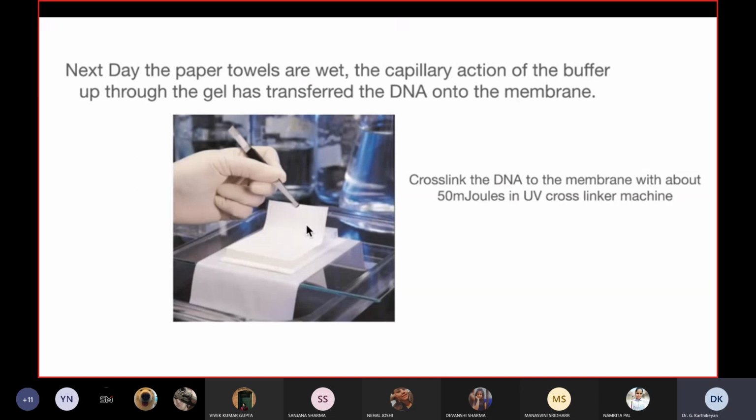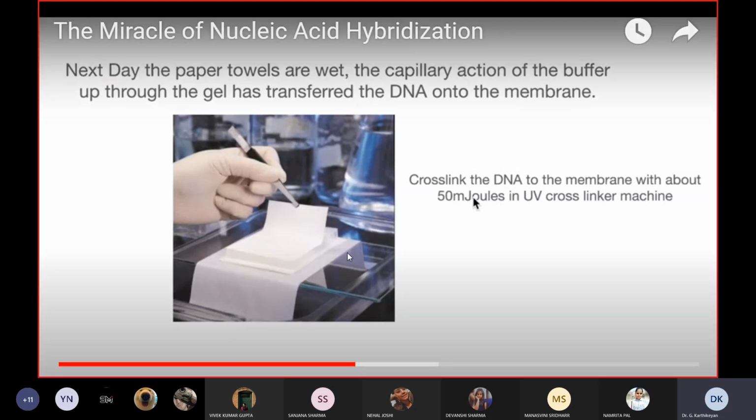Then you have to permanently affix the DNA to the membrane, and how we used to do that was we used to hit it with 50 millijoules of UV in what's called a crosslinker machine. So in the previous one, they said that we can bake it at 80 degrees centigrade.